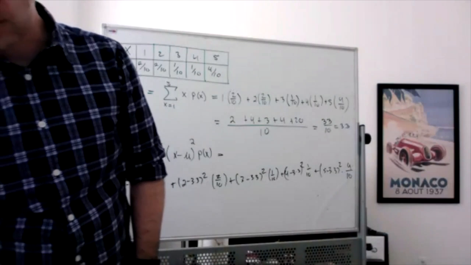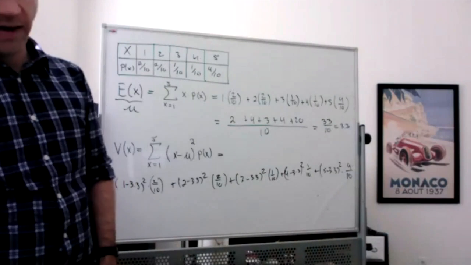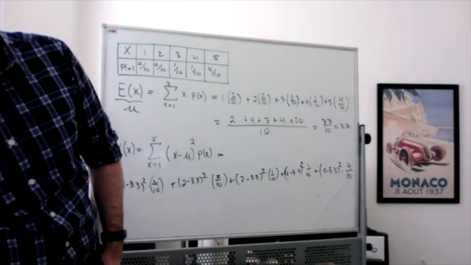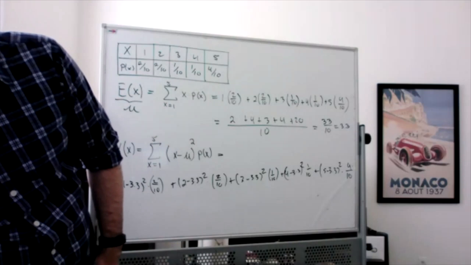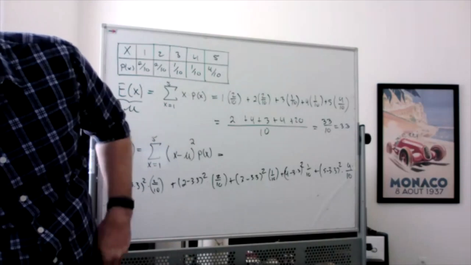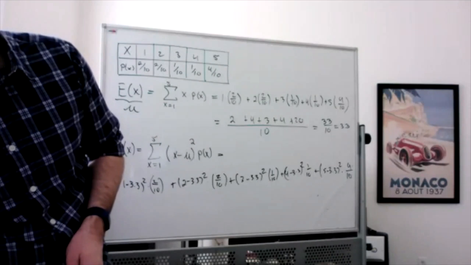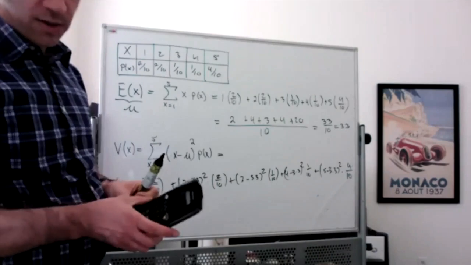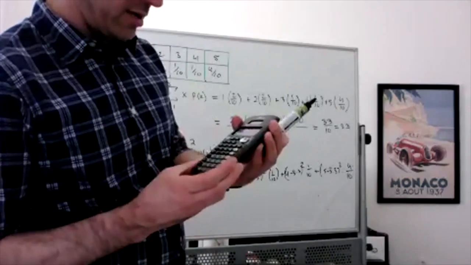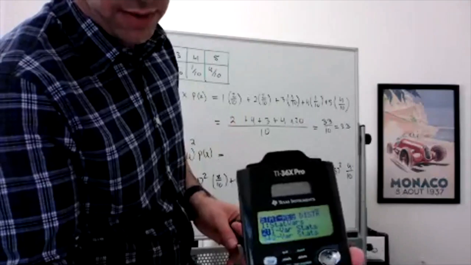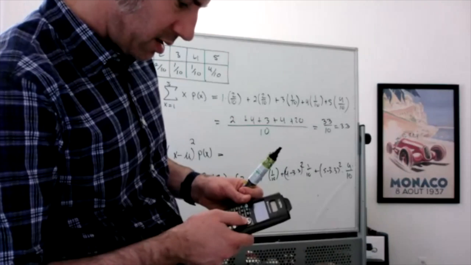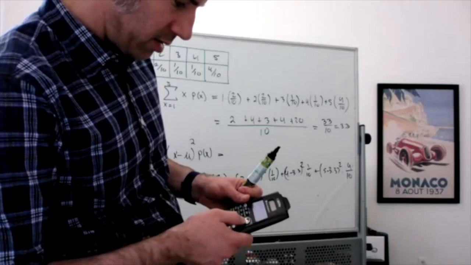I will point out that there are lots of ways to calculate these things without having to write it all out. Your teacher might want you to write it all out, but they might just say you can plug it into a calculator. I'm wondering if there's a way to do it on this calculator. There's often a stat button with one-variable stats.